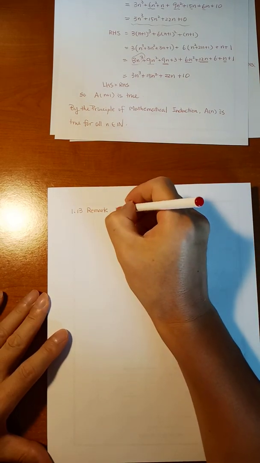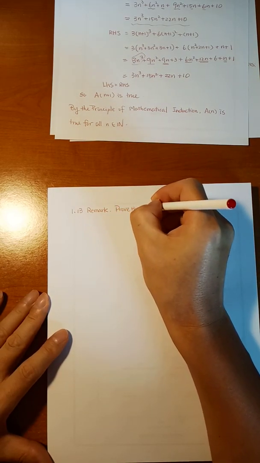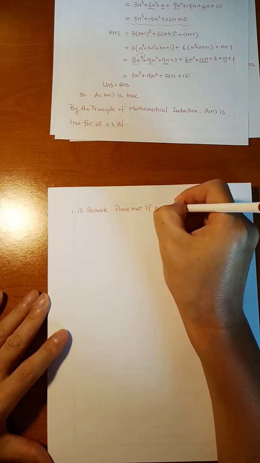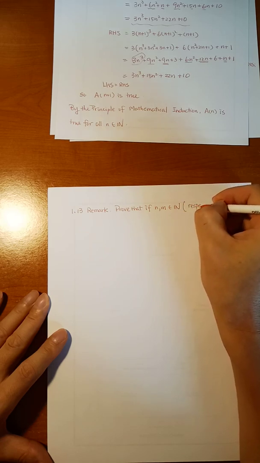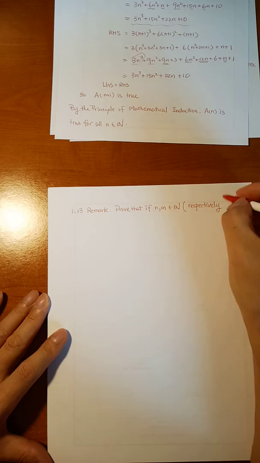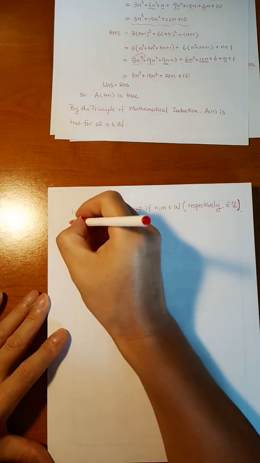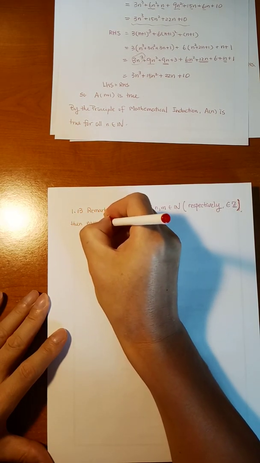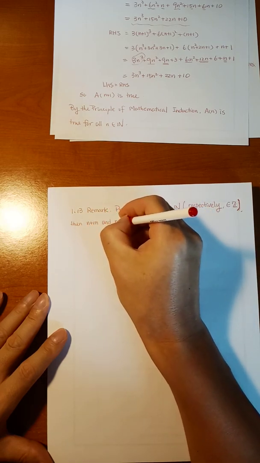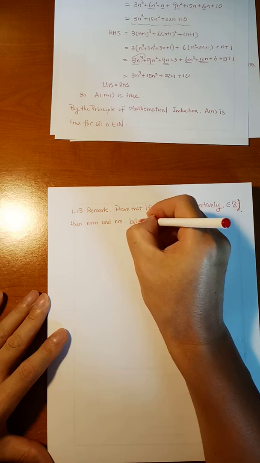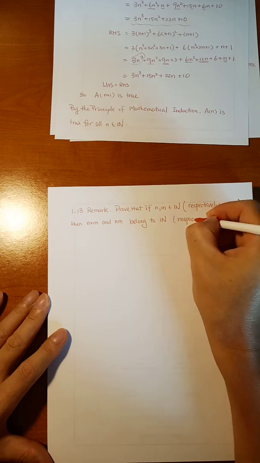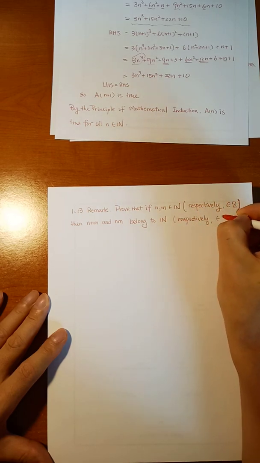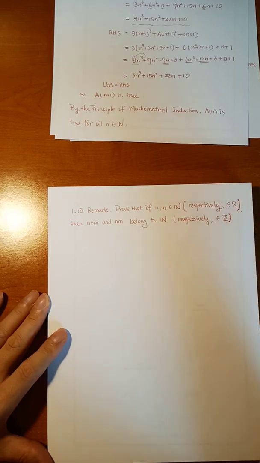Okay, so we're going to prove that if n and m belong to the natural numbers, or respectively belong to the integers, then n plus m and n times m belong to the natural numbers, or respectively belong to the integer set.